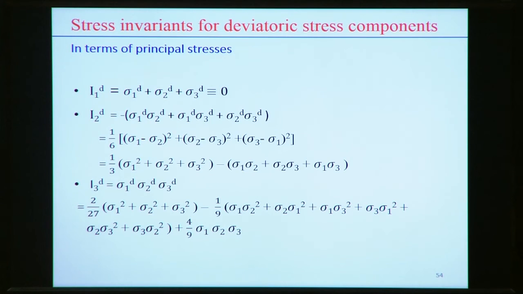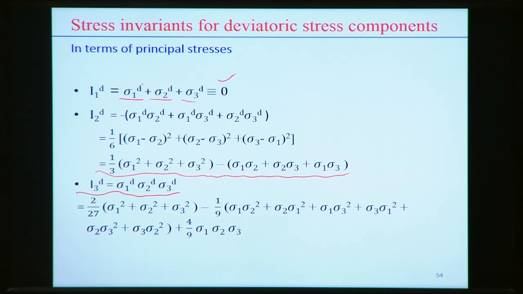Now, what should the stress invariants be when we consider only the deviatoric stress component? If we express the three principal stresses of the deviatoric component, the first invariant becomes 0. Then the second invariant of the deviatoric component, in terms of the principal stresses, is like this, and the third invariant is also like that.